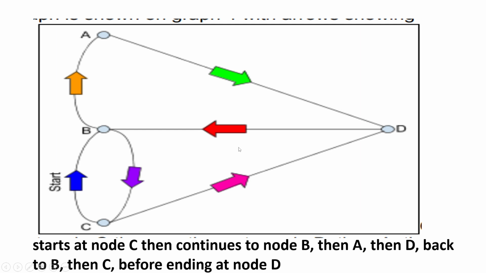Now, how can this problem be solved? Starting from a place, I'll start from C, moving towards B. So I'm taking this bridge to reach this one. After that, I'll come back to C from B, then to D, from D to B, B to A to D. You should not use the same edge again.